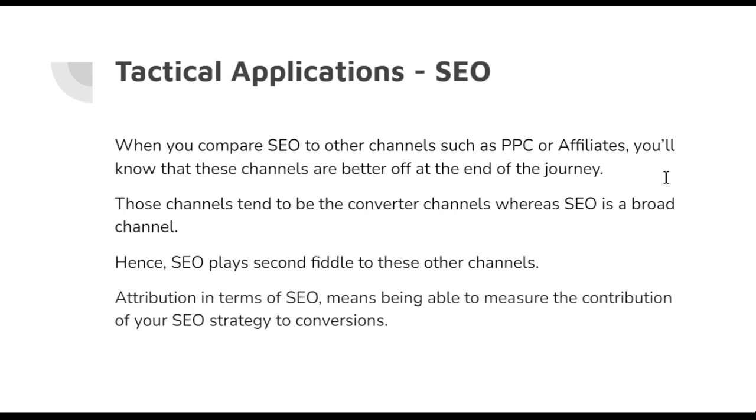So maybe you could think that SEO is best for the later touches when a consumer is trying to decide, and not for the top of the funnel. Or maybe an ad campaign is best for the first touch and not the last touch. So all these things you can get insights into by using attribution, right? And when you take a broad look at your SEO strategy, you'll notice that it has lots of moving parts, because you've got traffic coming from multiple directions, and each action that a visitor or lead takes influences their next step in some way or the other.